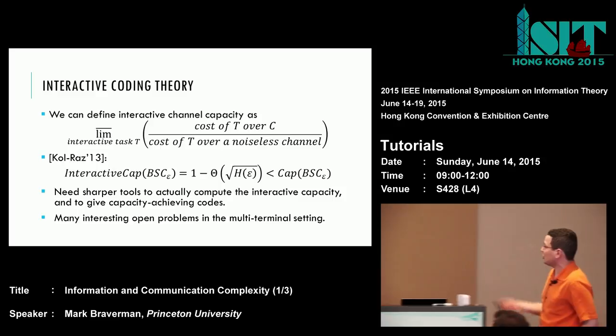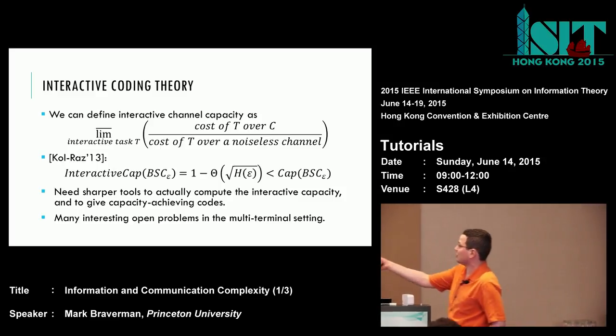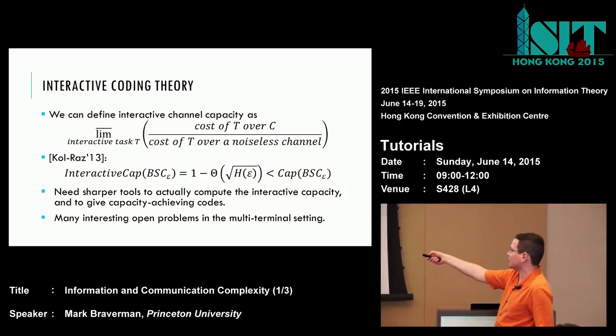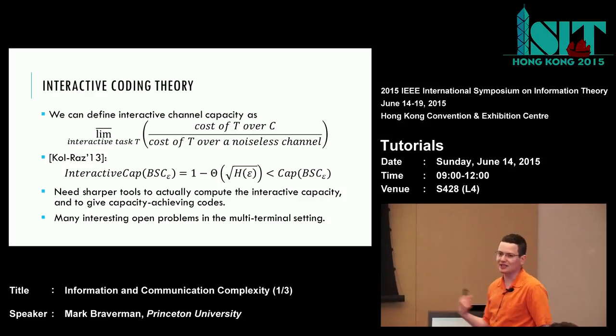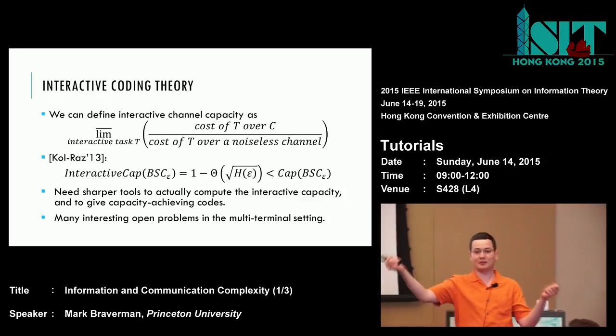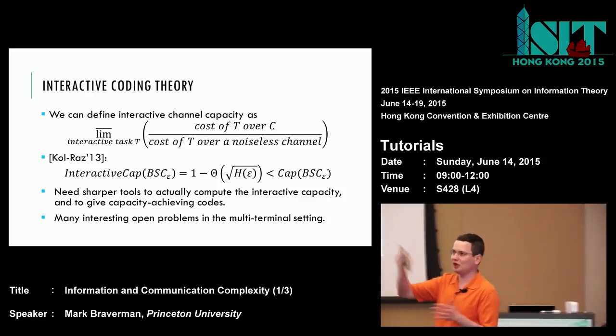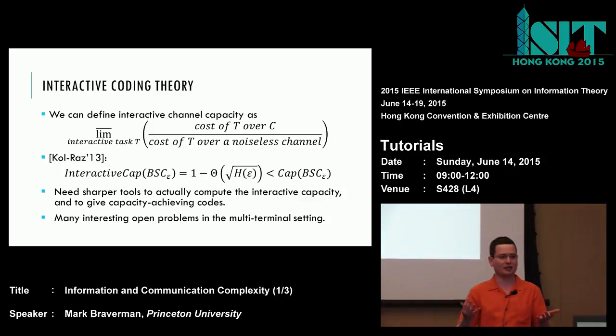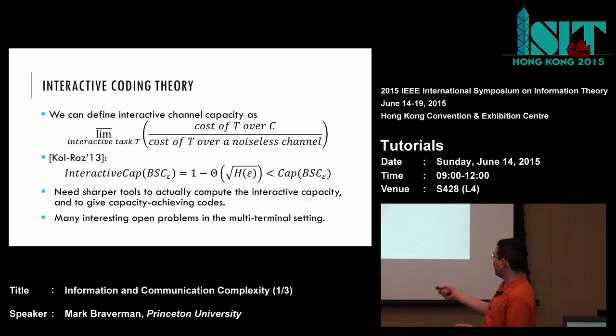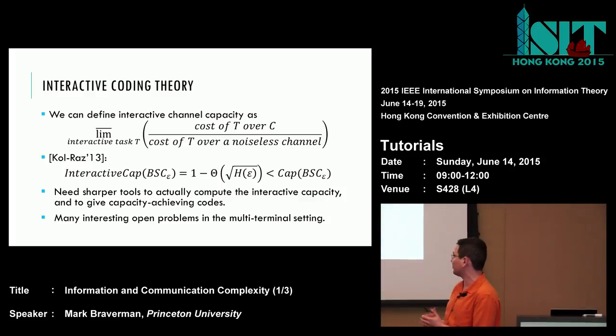But for a noisy channel like the binary symmetric channel, you can still take the previous definition and stick interactive tasks here. So instead of just transmitting things, I take all possible interactive tasks and ask you, how much of an overhead do I have to pay if I'm trying to solve T over a noisy channel?